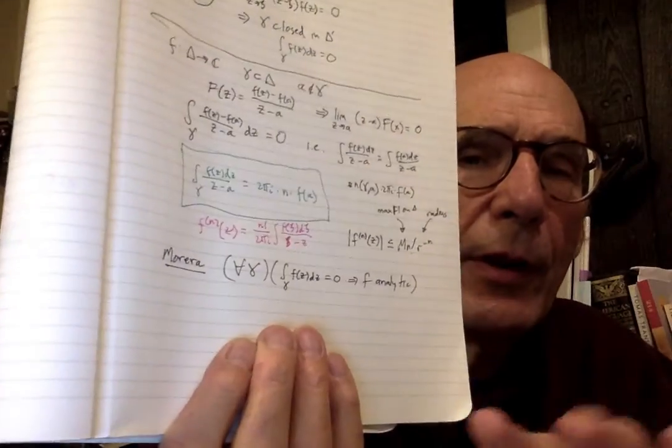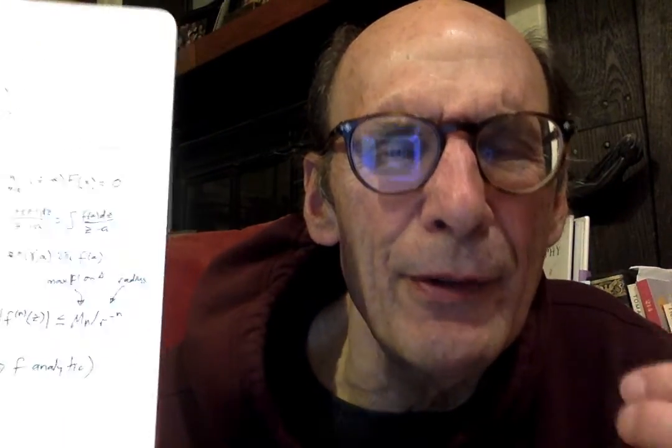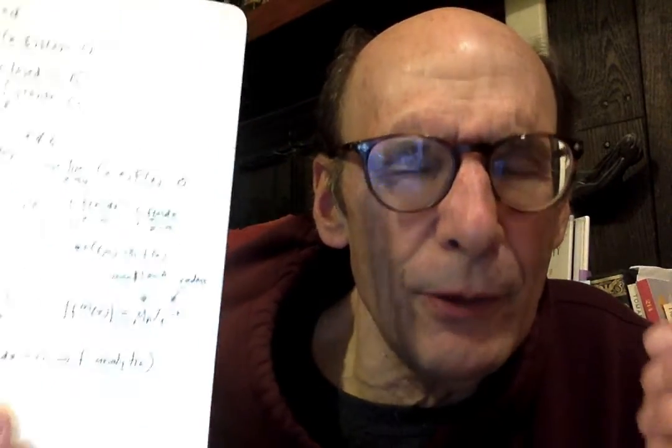So Morera's theorem gives you a way to test a function. Oh, come on, be real. You're not going to integrate it over every single closed curve in the region, are you? But okay, it's still very useful. The other thing that's a consequence of this is the Liouville theorem. We have to practice our French.